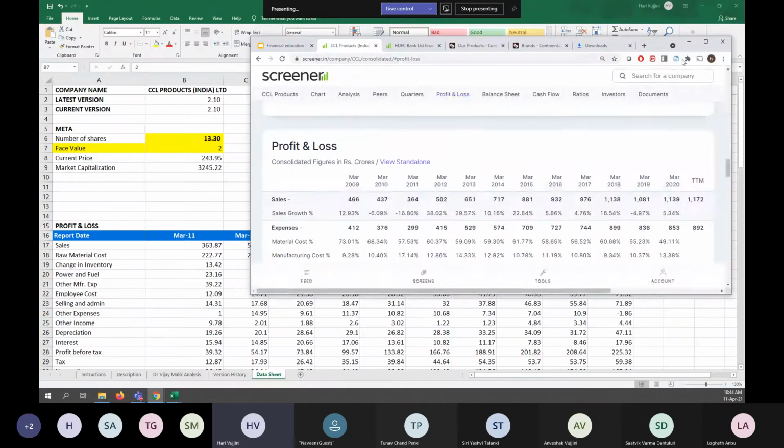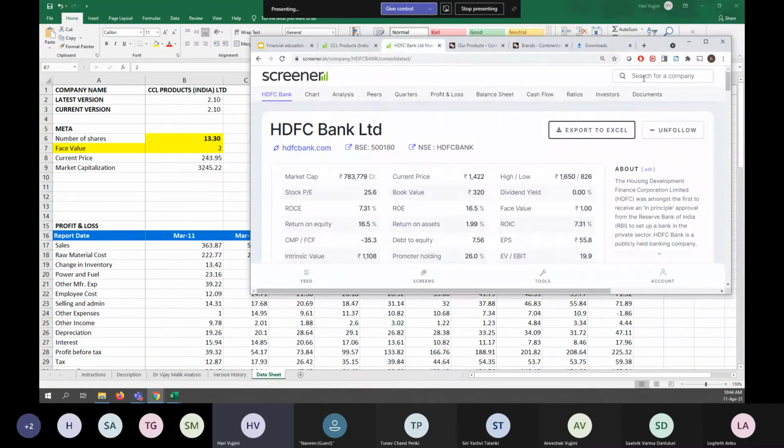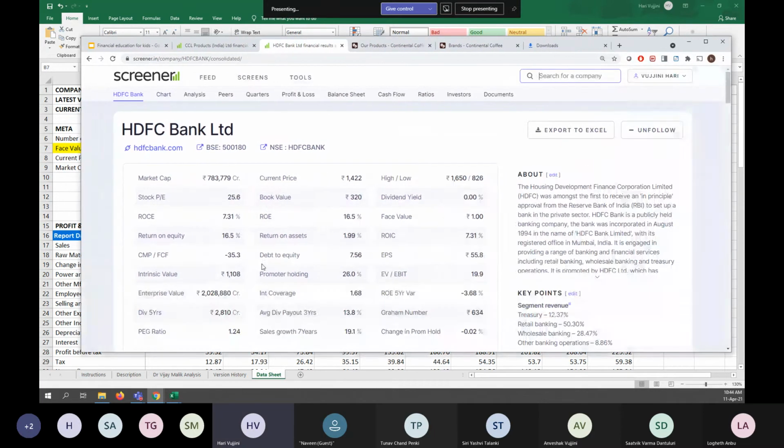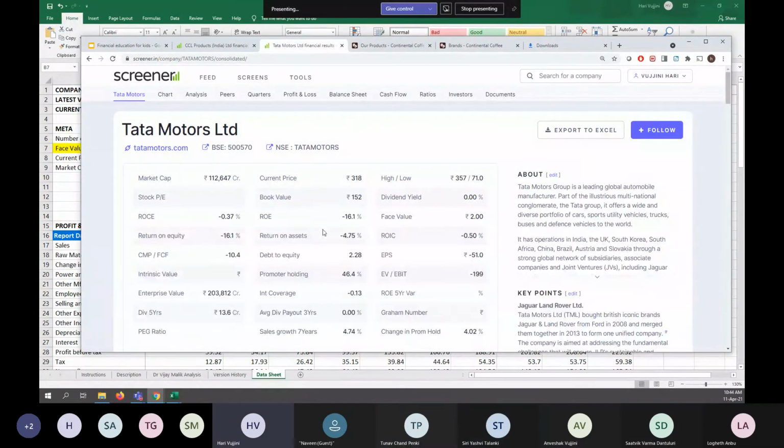So let's look at another business. Any other manufacturing business that you know in India? Should we take Tata Motors? You know Tata Motors? Yeah. Let's take Tata Motors because it's a good comparison.